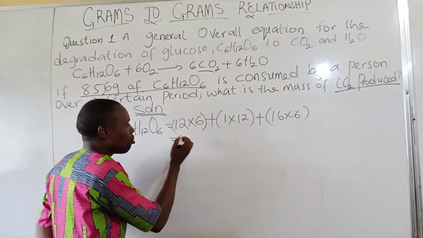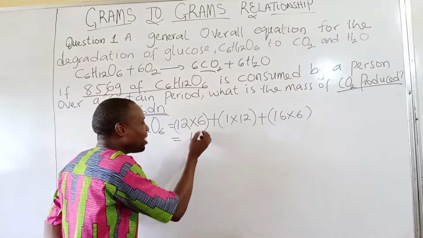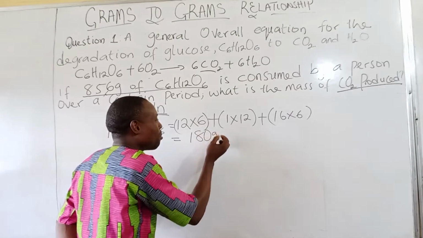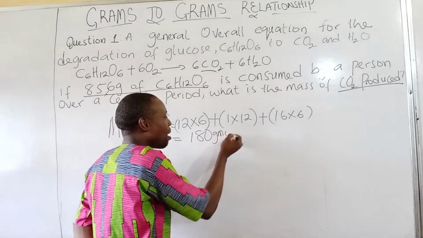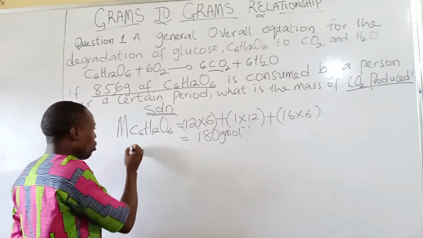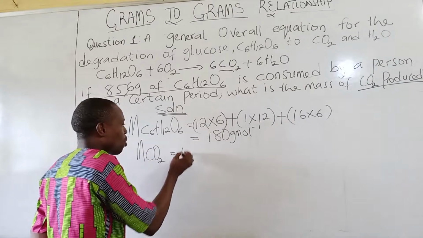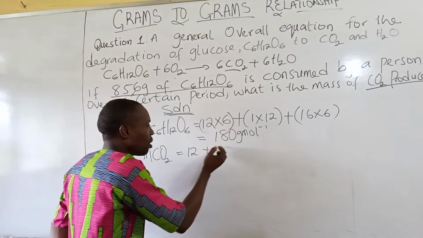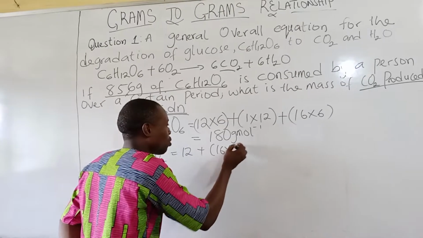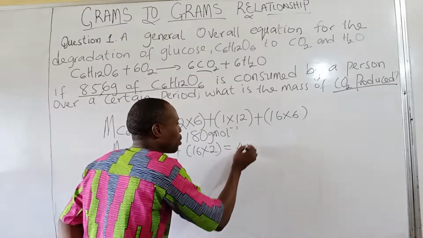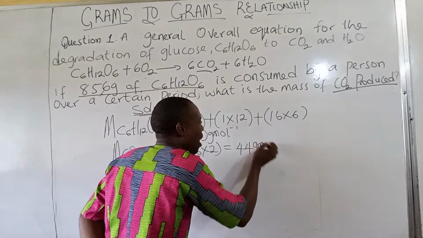When we do everything, the molar mass is 180 gram per mole. We move to the molar mass of CO2, which is 12 plus 16 times 2, altogether 44 gram per mole.